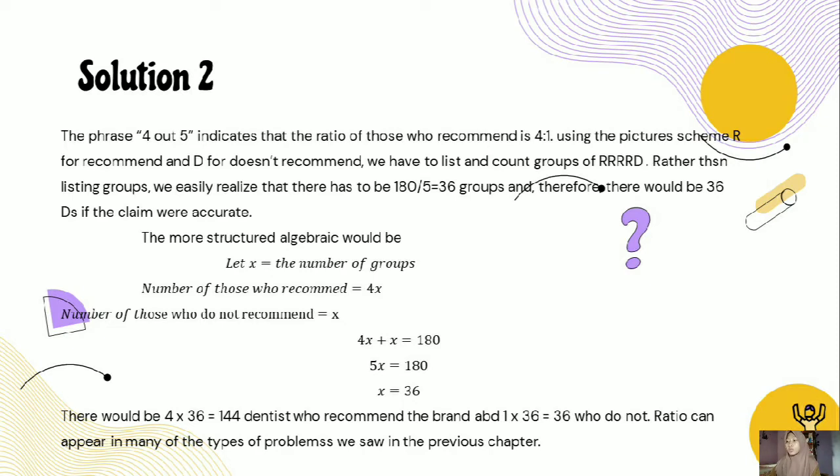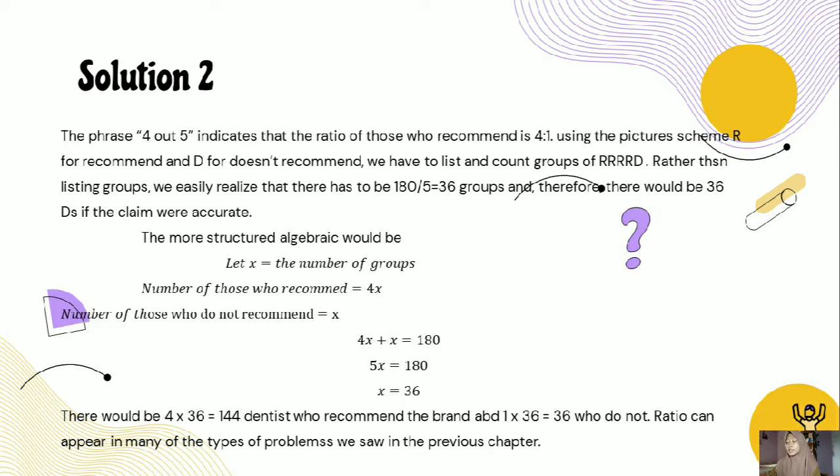The more structured algebraic way: let x equal the number of groups. Number of those who recommend equals 4x. Number of those who don't recommend equals x. So 4x plus x equals 180. 5x equals 180, divide by 5 on both sides.